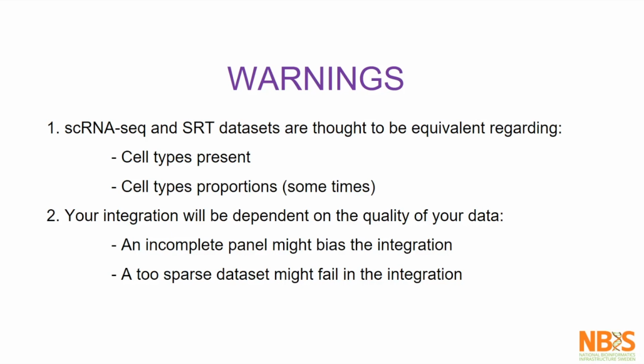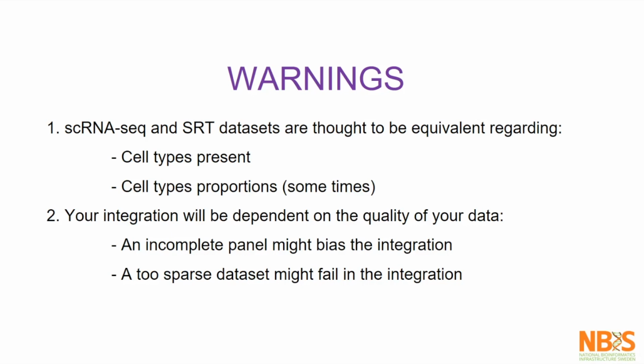And also a too sparse data set where you have a lot of genes that haven't worked properly or that are not detected specifically enough in your spatial data set might also lead to inconclusive results. And this is very important to take into account because they can be very useful tools, but if they are used wrongly, they can lead you to results that you cannot actually trust.